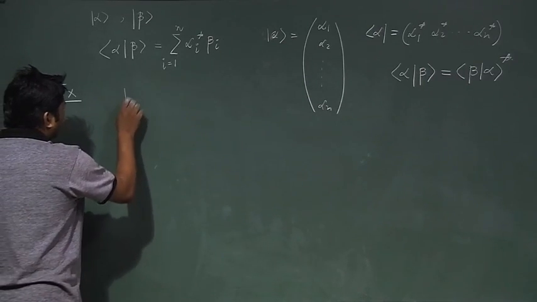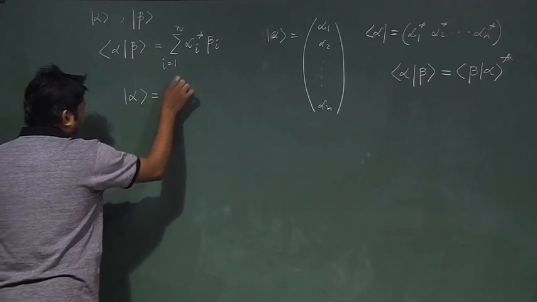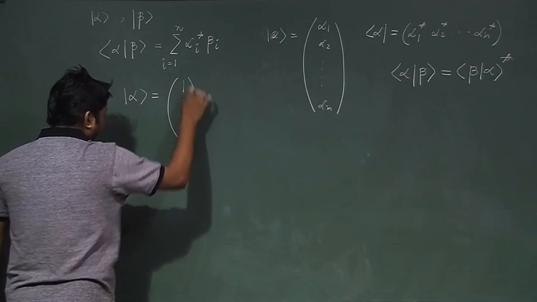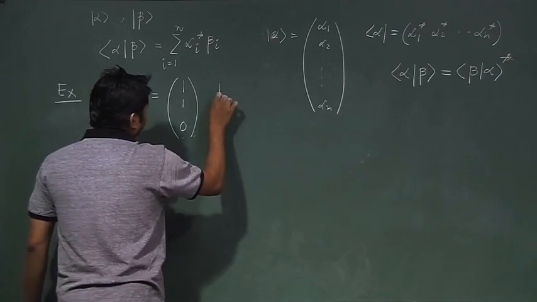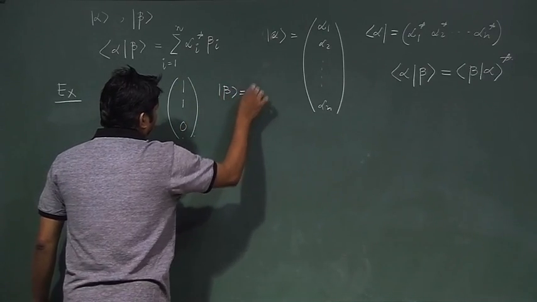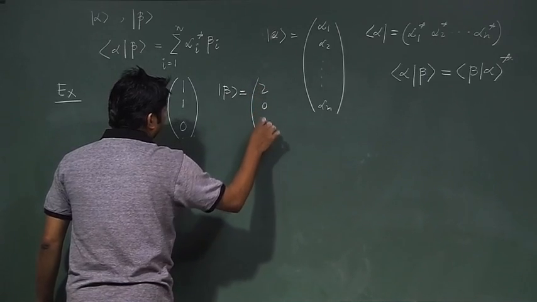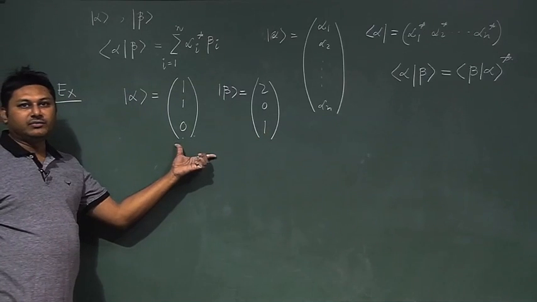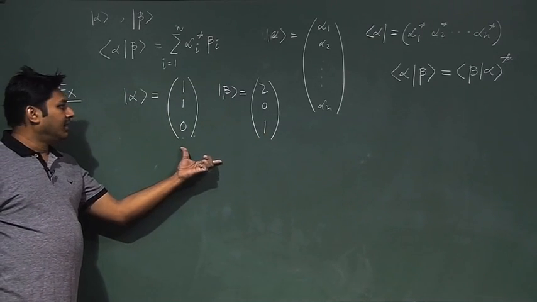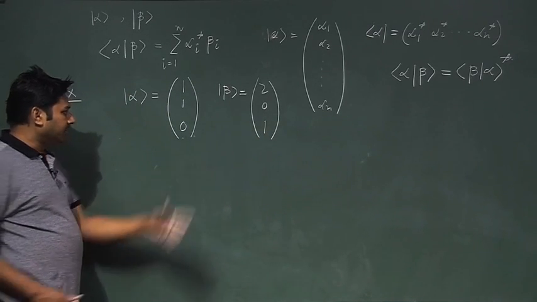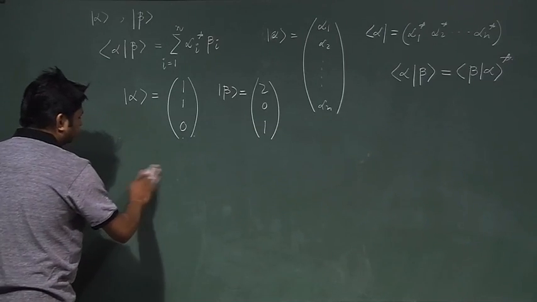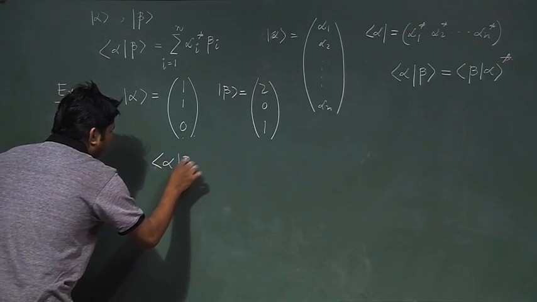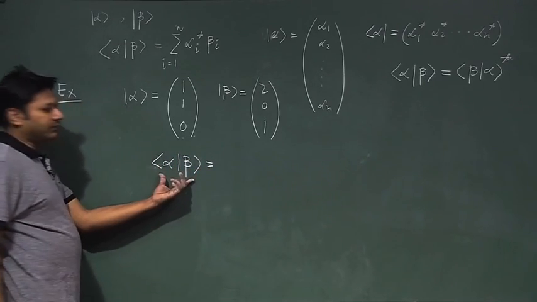Now, let us do some exercise. Alpha is 1 1 0 and beta is 2 0 1. If these are the two vectors and you are asked to find the scalar product or the inner product, then I will have alpha beta.